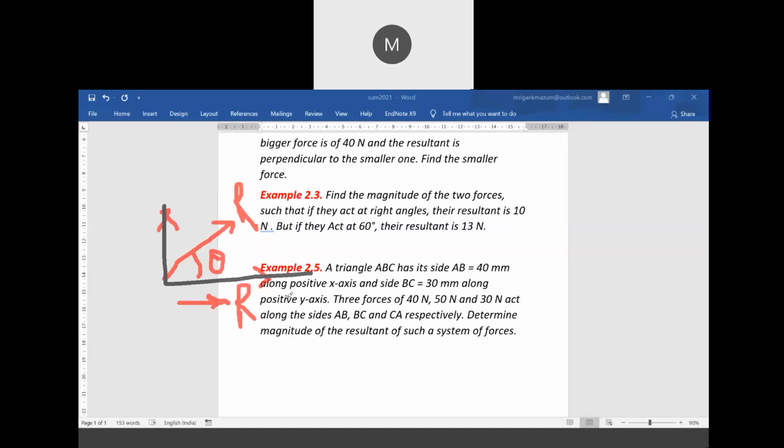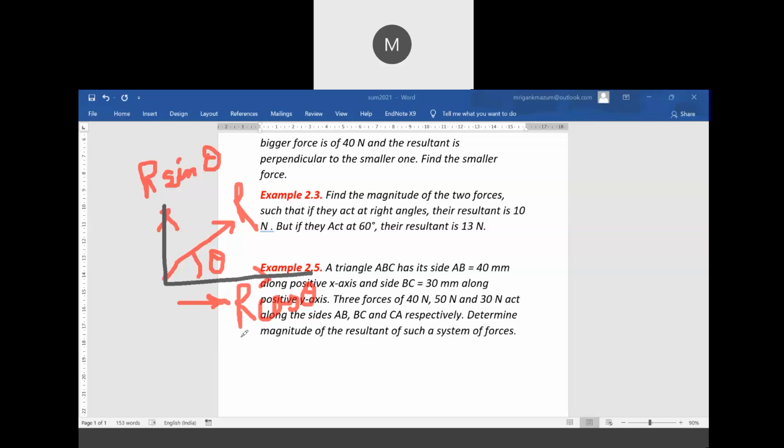Do you know how to resolve it in the horizontal and vertical directions? Tell me. Sir, with the angle, this is R cos theta. Very good. And the upper one is R sin theta. Very good. So this is how you will be resolving all the forces.